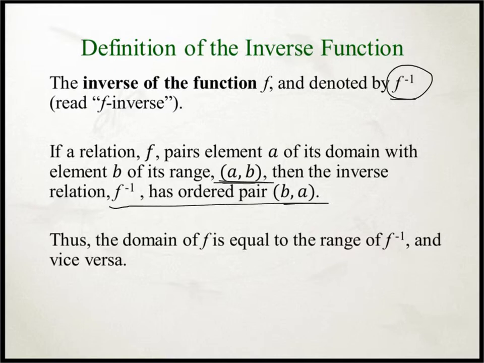So if (a, b) is in f, then (b, a) is in the inverse of f. Okay, so it switches the x and y, or it switches the domain and range around. I'll show you some examples here in a table so you can see what I mean. So that's why we say the domain of f is equal to the range of the inverse function, and vice versa.